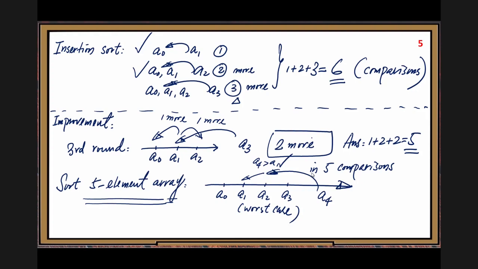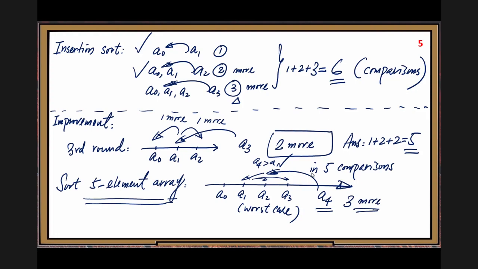Then you need to consider A2, A3. That means you need 2 more, right? Even with binary search, you need 2 more comparisons. So total for this A4 element to be inserted, you need 3 more comparisons. Okay?